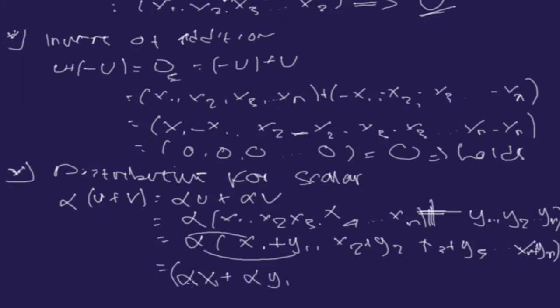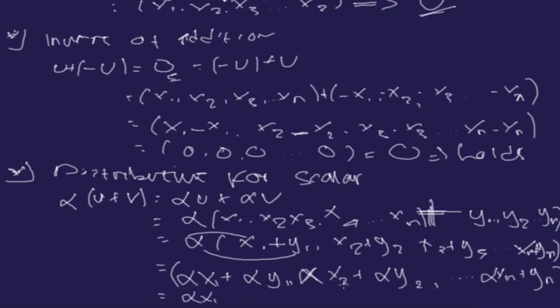Plus alpha x2 plus alpha y2, up to alpha xn plus alpha yn, and then we will have the alpha x1.